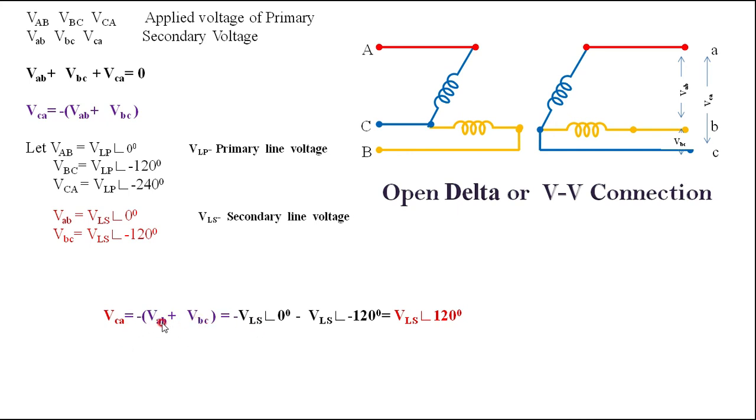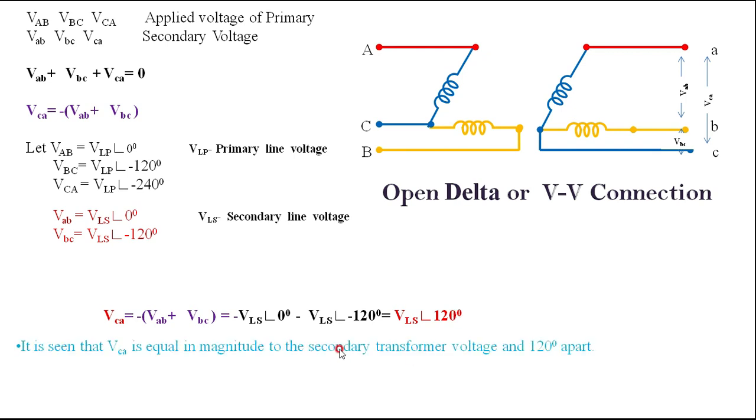Then we know that the magnitudes of vab and vbc are the same as the line voltage, but with their phasor relation you can put it: it is VLS at an angle of 0 degree, and VLS at an angle of minus 120 degree. Therefore, if you solve this vectorially, what we get is VLS at an angle of 120, or minus 240 degree. That means the third voltage, the voltage between C and A, is VLS at an angle of 120 or minus 240.